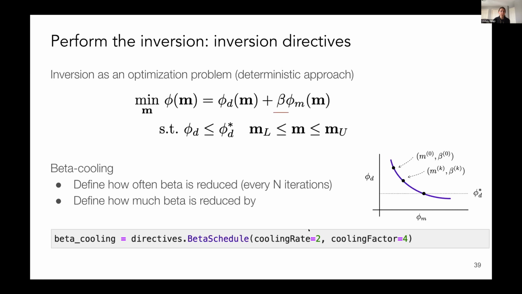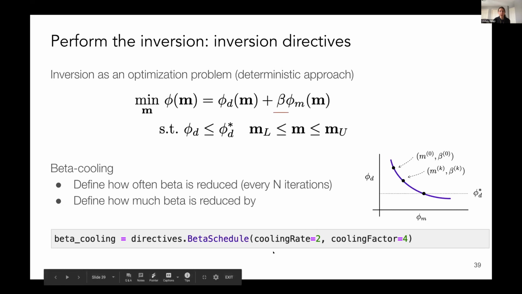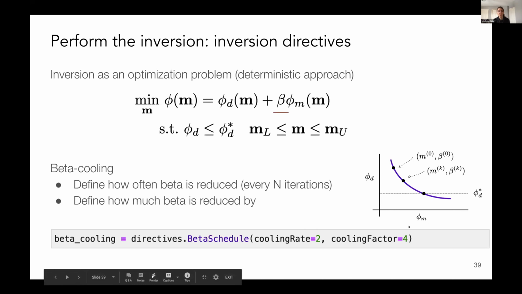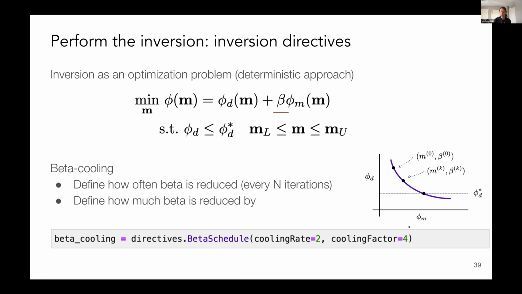We can change the cooling rate. For example, if we want to reduce beta every 2 iterations, that's what this would do. If you wanted to do every 4, you could change that to a 4, or every iteration would be 1. Then we define how much beta is reduced by. In this example I chose 4, but again, that's something that you can choose.